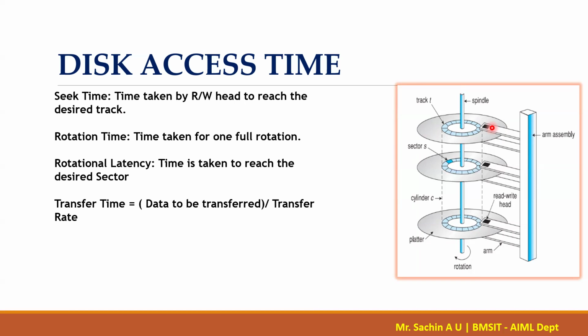Now the head has moved to the particular track. Let us say we want to play a song that is on the fifth track. Now your read-write head is on the fifth track, but I don't know whether the song will play from the middle, or is at the end, or at the start. So this should be adjusted so that the song plays from the start. The read-write head is already on the fifth track, but we have to make some adjustments.